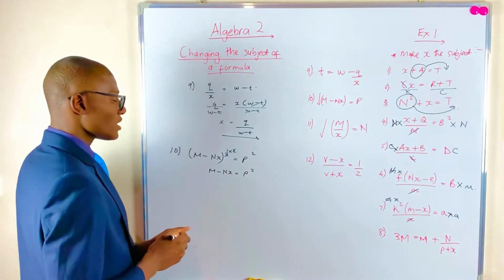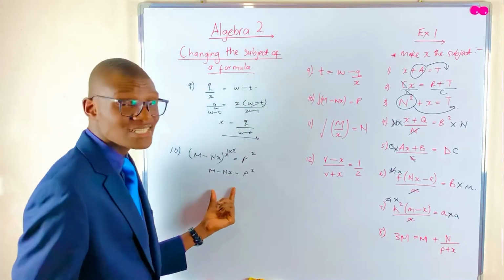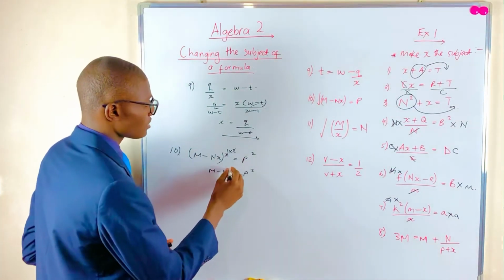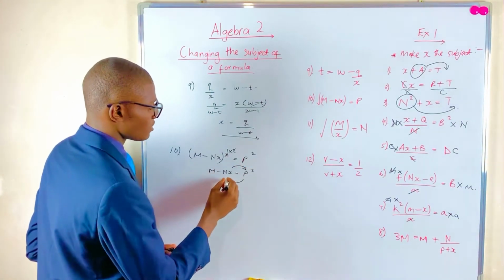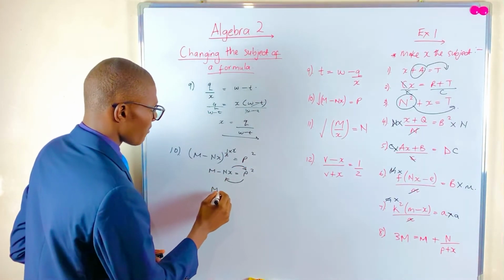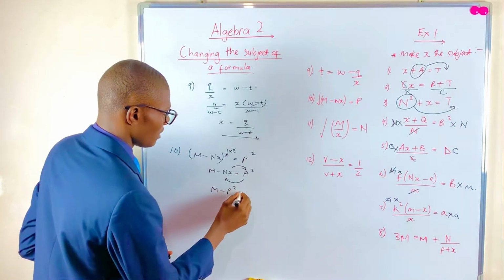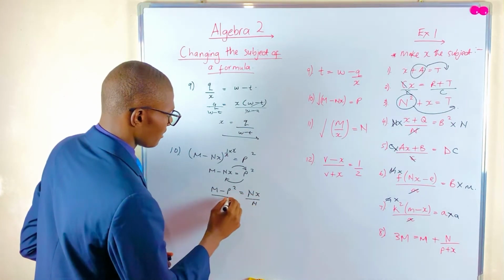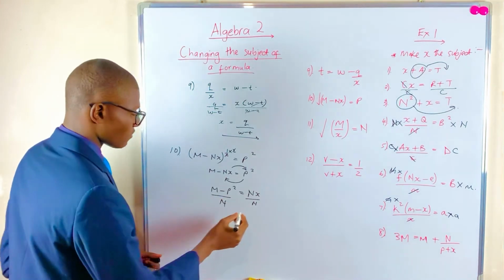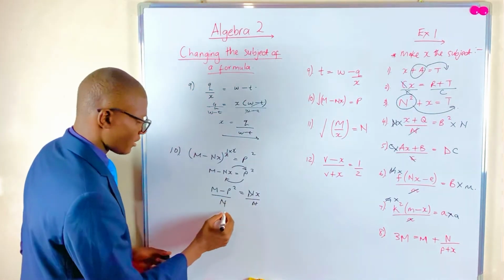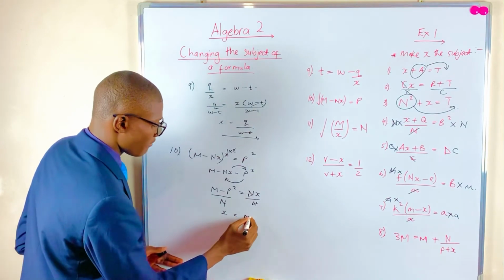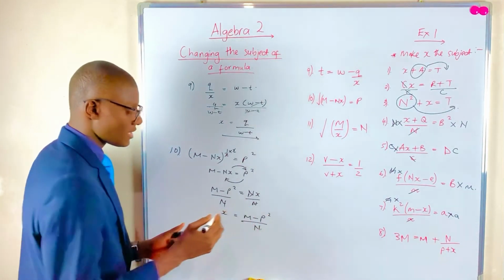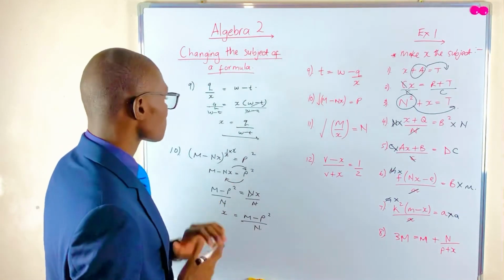Then if we take nx to the right hand side, the sign will change, and p squared goes to the left, such that m minus p squared is equal to nx. Then dividing both sides by n to make x subject of the formula, x would be equal to m minus p squared over n. This was for number 10.